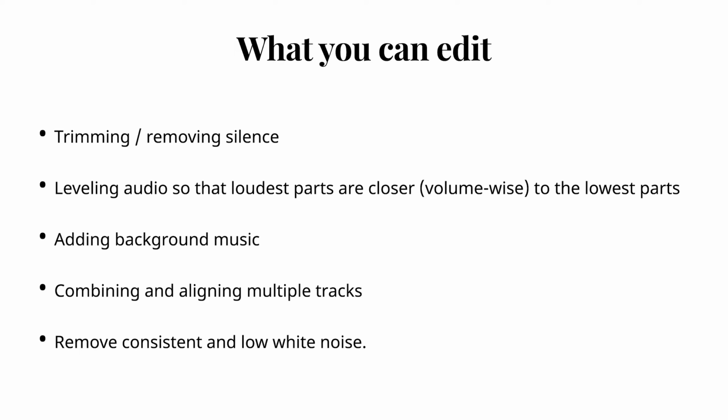You've probably watched TV where the show itself is really low and then the ads are super loud. You can also add background music. You can combine and align multiple tracks. This is going to be important if you're doing an interview show, especially if you are recording your audio and then getting your guest audio. You're going to want to line them up and combine them into a single track for people to listen to.